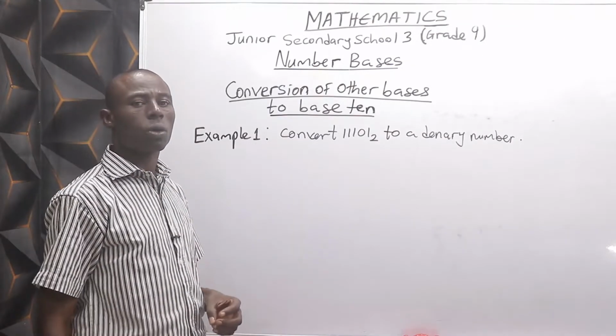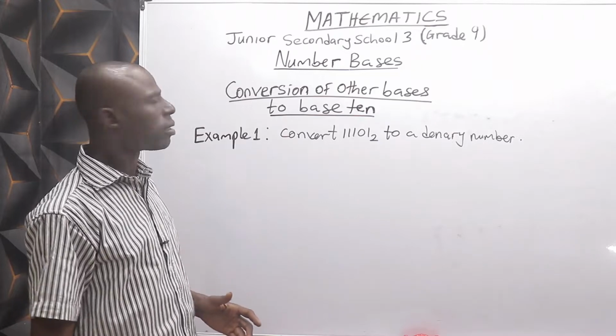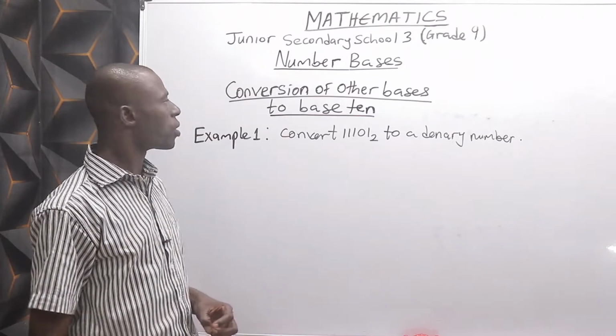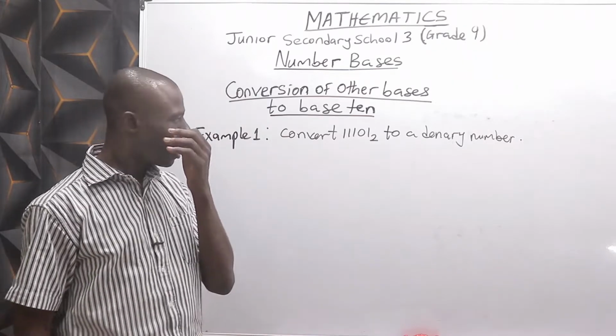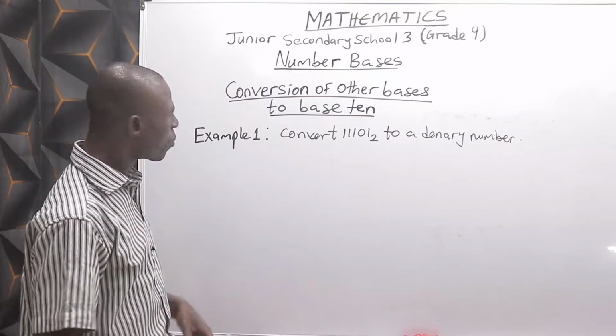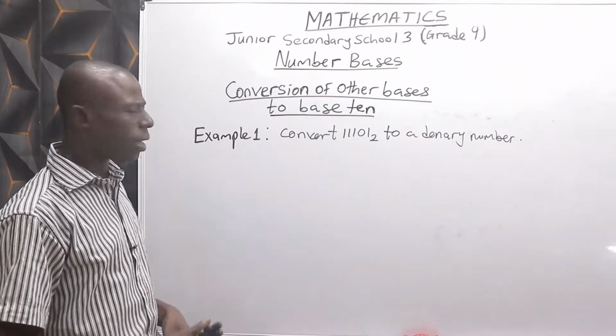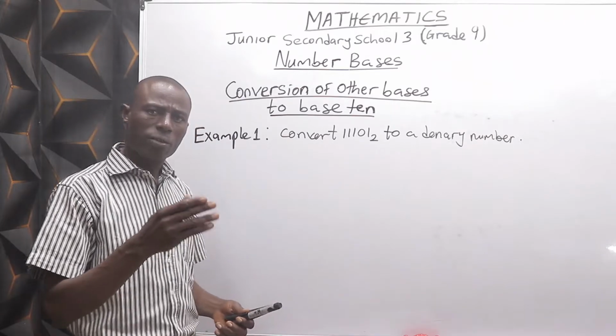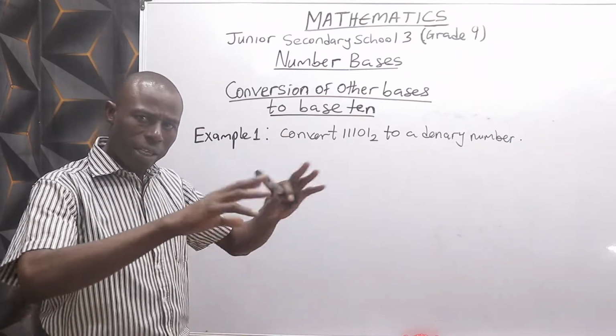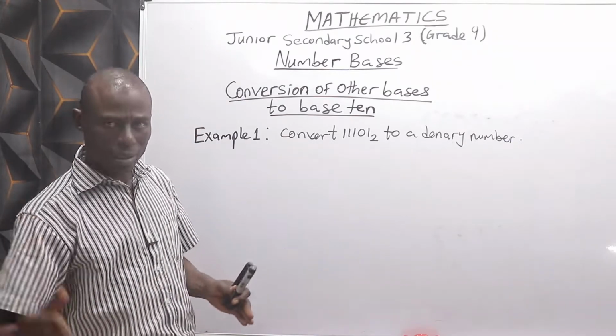Now we come to another subheading, conversion of other bases to base 10. What do we mean by conversion of other bases to base 10? Don't forget that I explained to you at the beginning, under the first subheading, that base 2, 3, 4, 5, 6, 7, 8, 9 are referred to as other bases.